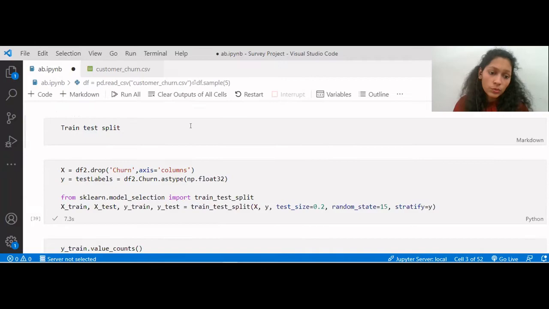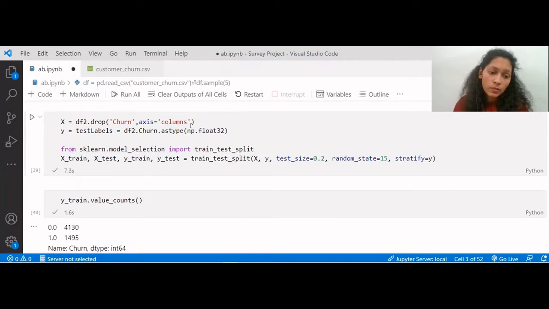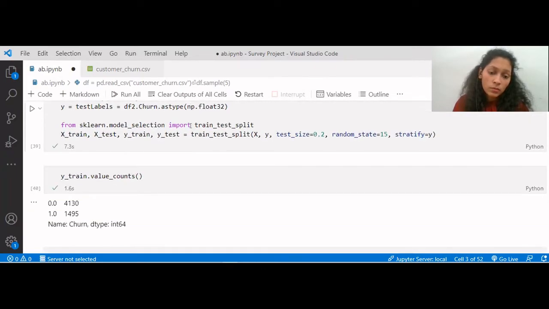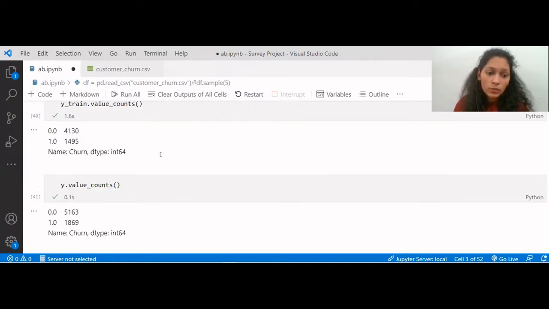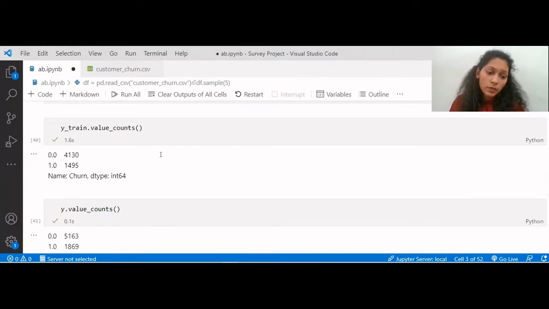Now we are going to do the train test split, splitting the data. Now the training values: if we see closely, the value for zero is 4,130 and the value for one is 1,495.